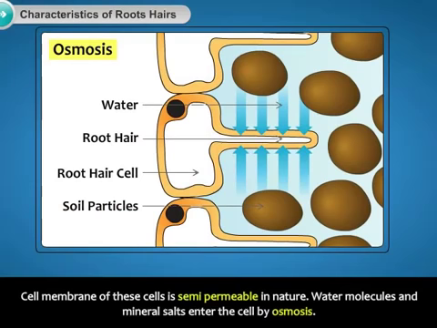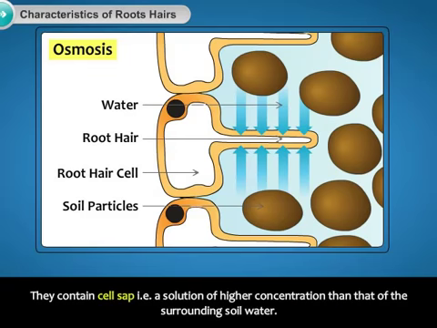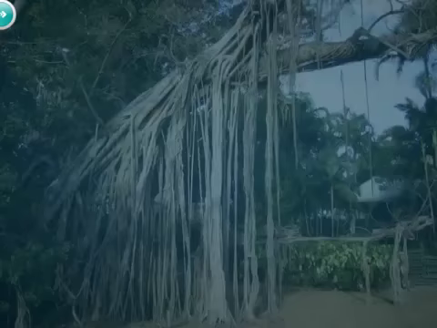The cell membrane of these cells is semi-permeable in nature. Water molecules and mineral salts enter the cell by osmosis. They contain cell sap, that is, a solution of higher concentration than that of the surrounding soil water.